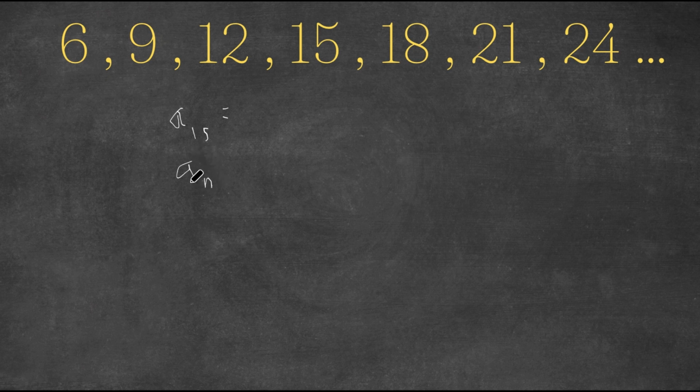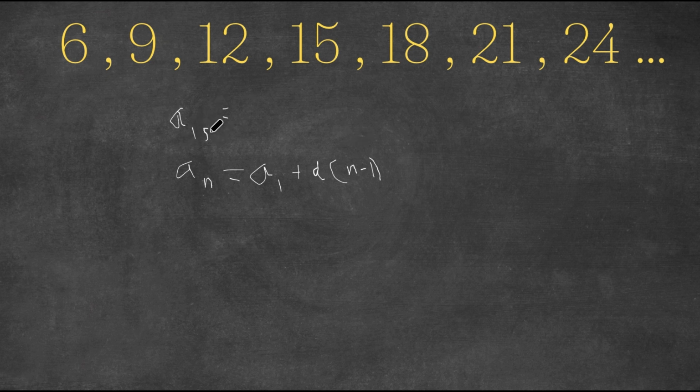So the nth term, that's essentially what a sub n is equal to a sub 1, the first term of the sequence, plus d, the common difference, as I taught you guys about before, times n minus 1, n being the term we want to find.